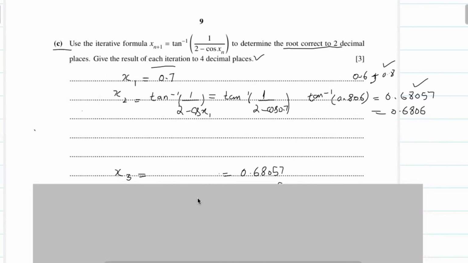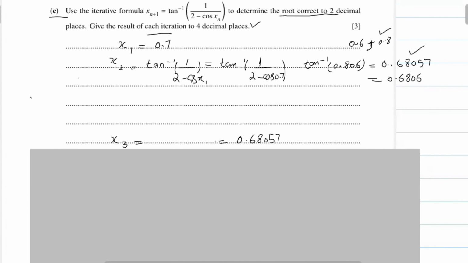Now we take the third value. You see here, when we substitute the value of x2 in this equation, this value becomes tan inverse of 1 over 2 minus cos 0.6806.